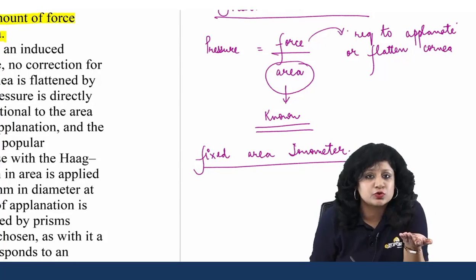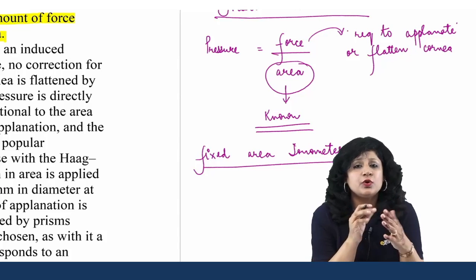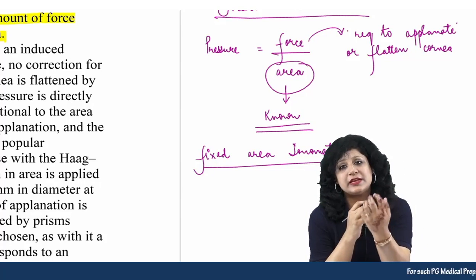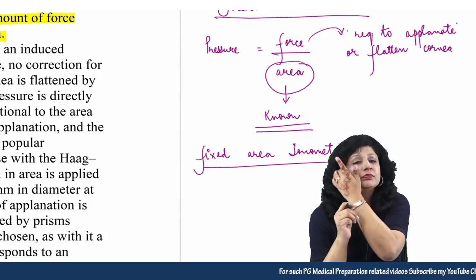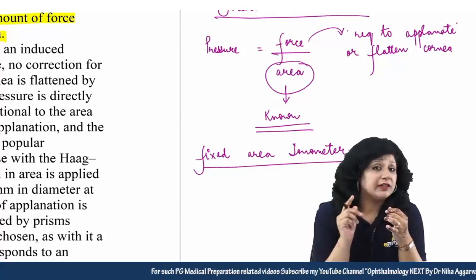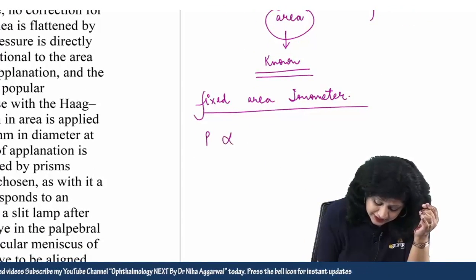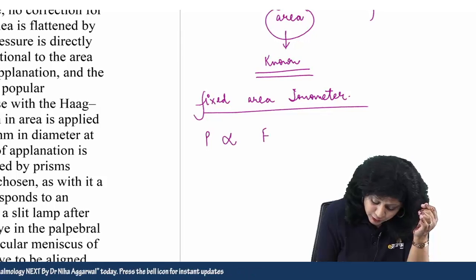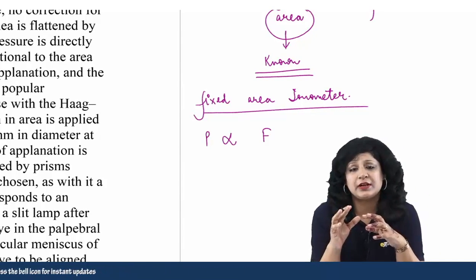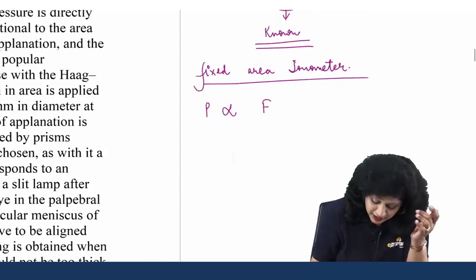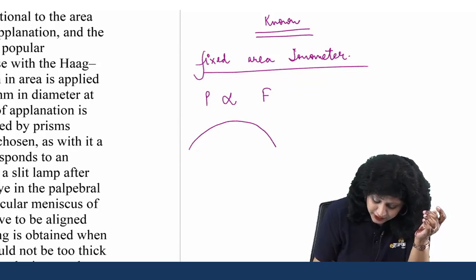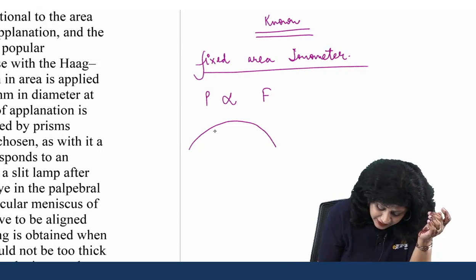Or I can say it is a variable force tonometer. Because the pressure is calculated from the force upon area, and the area is already fixed, I can say that this pressure is directly proportional to the force applied. Initially we have a convex cornea and then we have to flatten it.